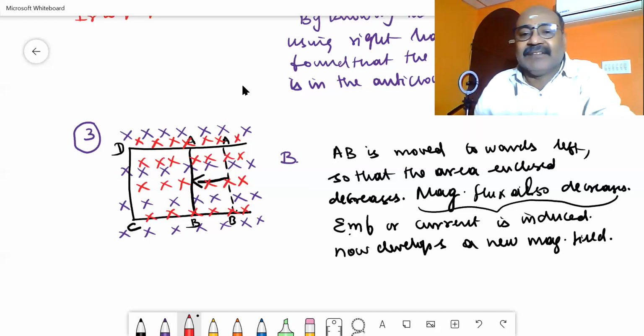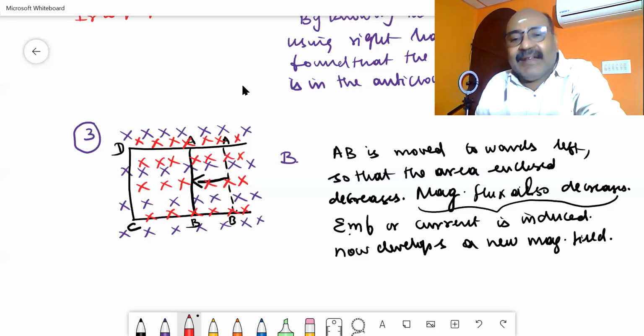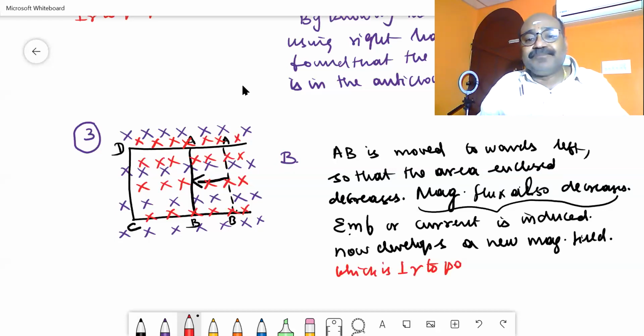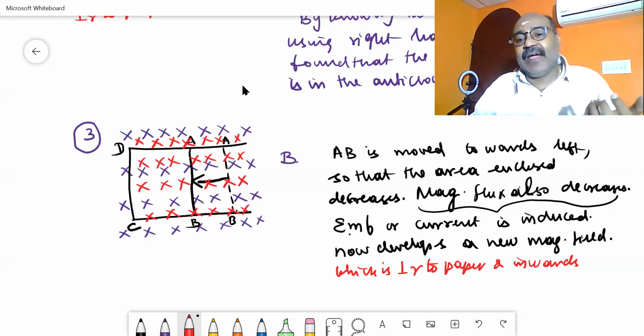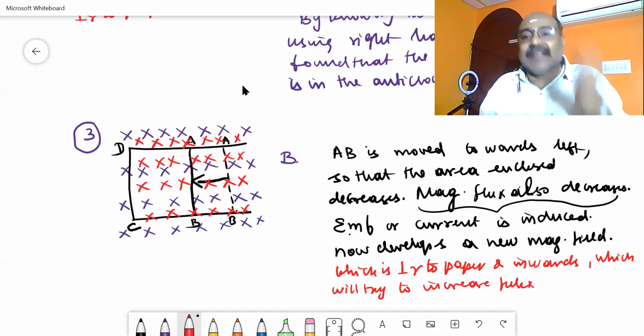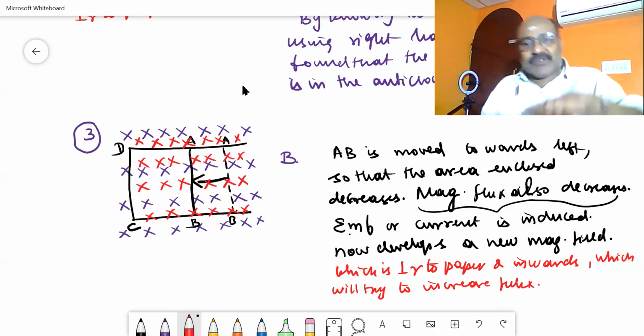Now I can say that it develops a new magnetic field which is perpendicular to the paper and inwards, which will try to increase the flux. If the flux is decreasing, then according to Lenz law, the opposing is increasing.